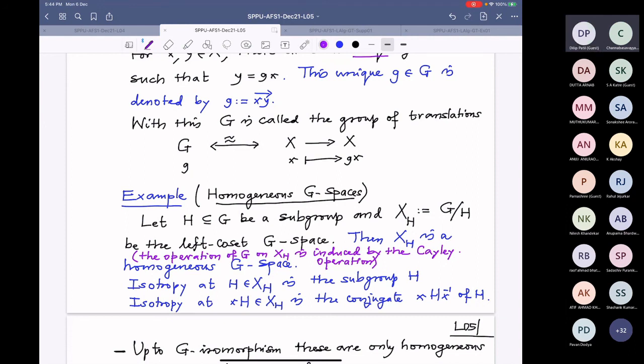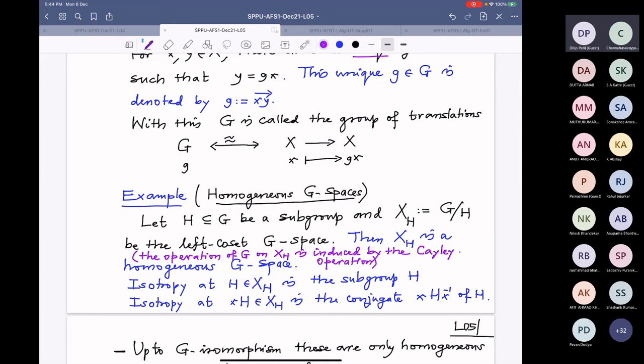Very natural action. What was the action? Any g and any coset xH goes to the coset gxH. And if you notice, this operation is also induced by the Cayley operation. And she has proved it is a transitive G space. That means it is a homogeneous G space. And also, she has computed the isotropies.